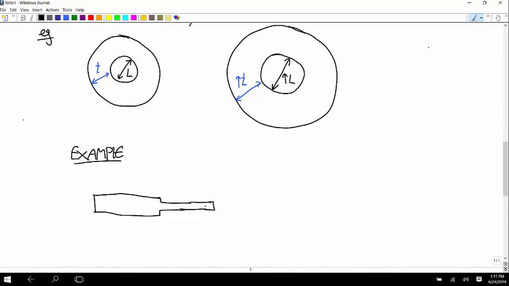And let's say that we have a force of, I can't read what that says. Who wrote this? Okay. Let's say that this is fixed. And let's say that there is an 8,000 Newton force here.